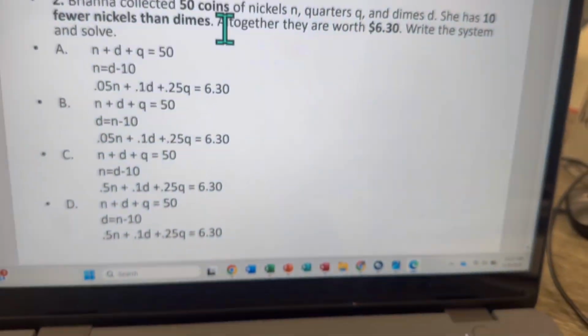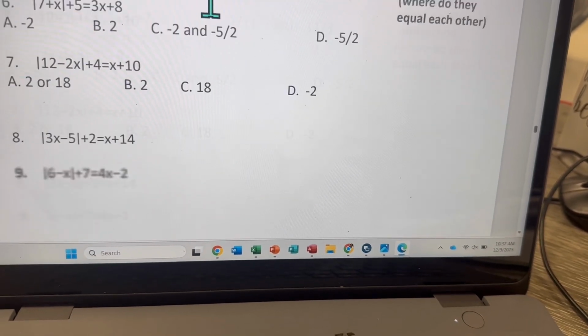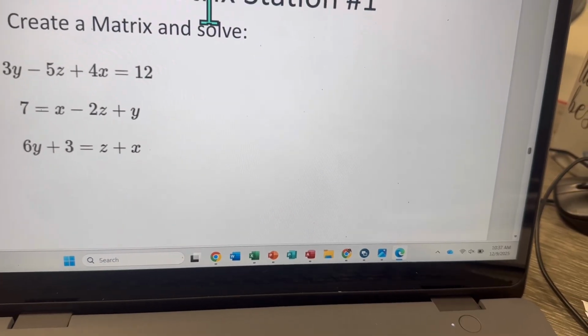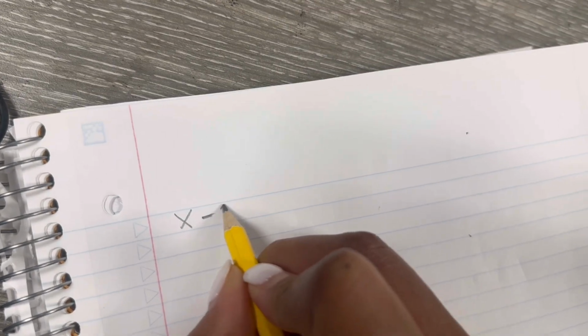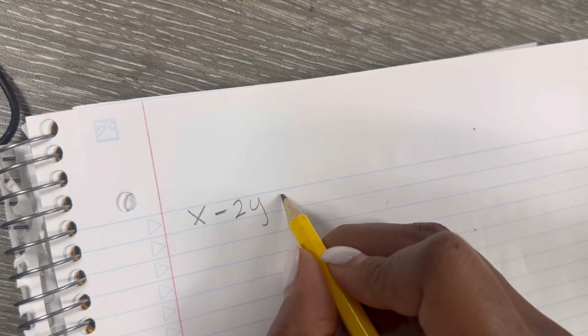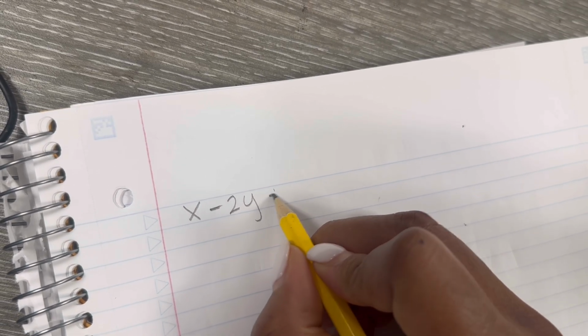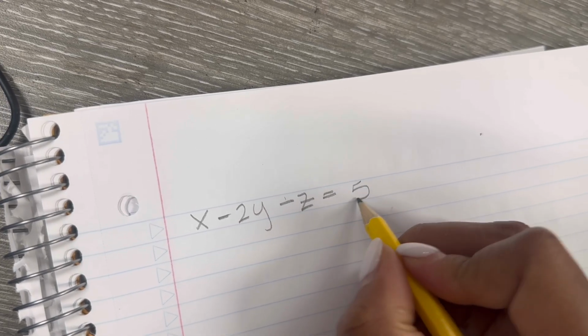Now, matrix. Last topic. Actually, I'm going to give you guys a random example. Let's say we have x minus 2y minus z equals 5.